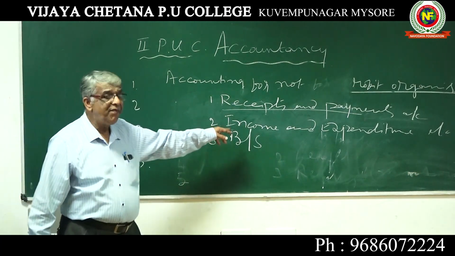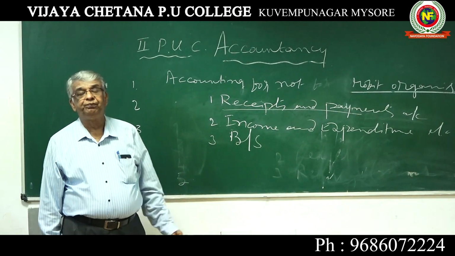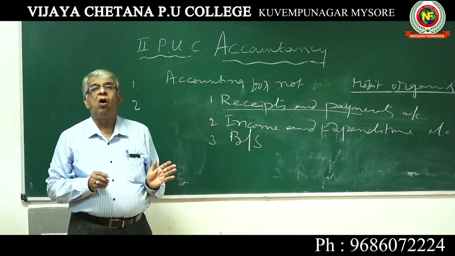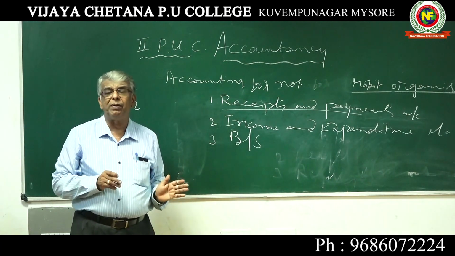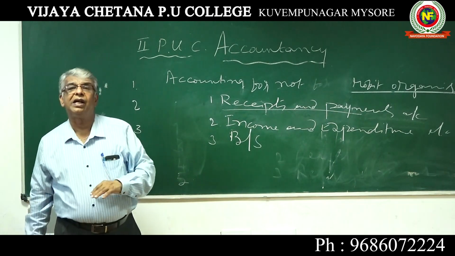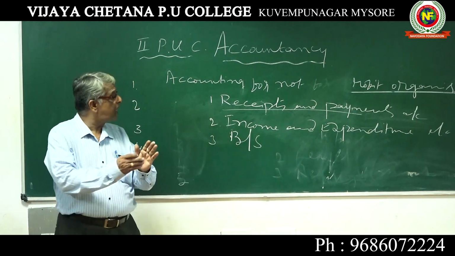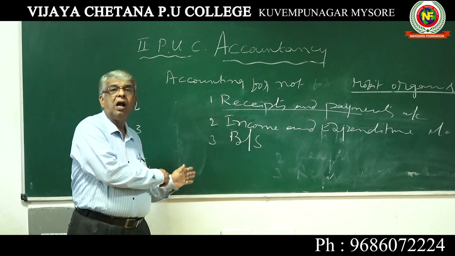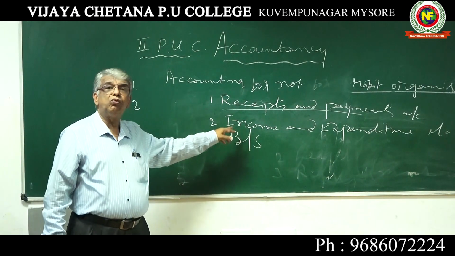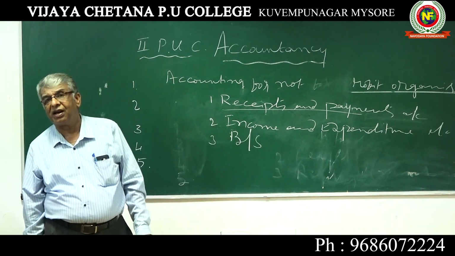We record all revenue expenditure on the debit side and all revenue incomes on the credit side. It does not include items which relate to the previous year or the next year, but contains only the items which relate to the current year.